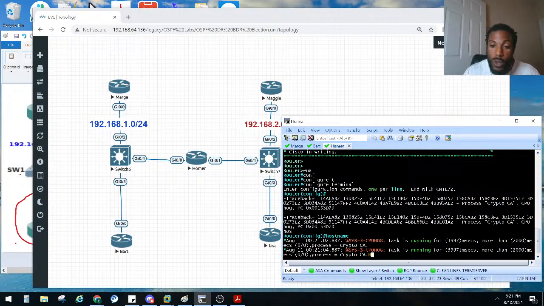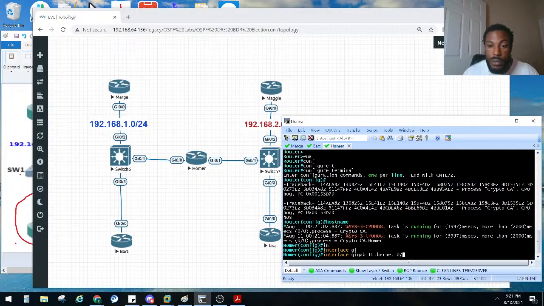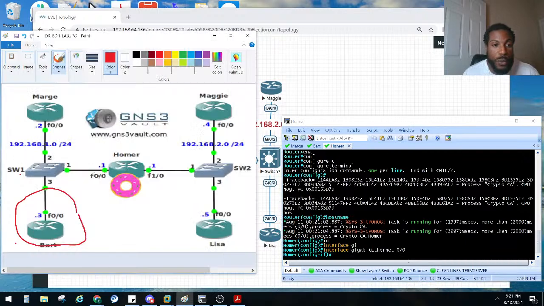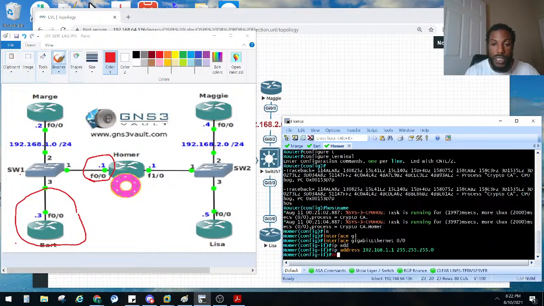Host name is Homer, right? His interface GI0/0 is going to be the IP address, right? We're doing this interface right here. That's 192.168.1.1, subnet mask of /24, no shut.